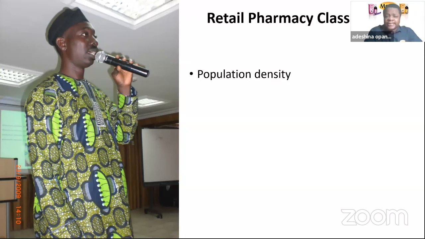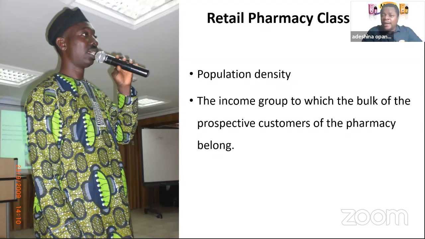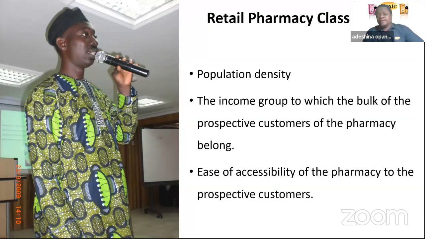So population density is important. The income level of the people you plan to serve, and then also the ease of accessibility of the pharmacy to your prospective customers. Using this description, he broke pharmacies' classifications into 11, and I'll be sharing that with you.